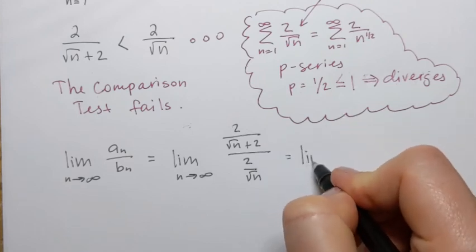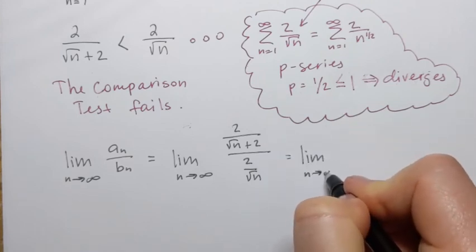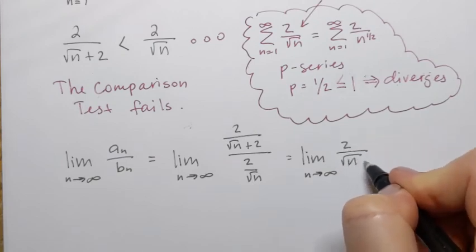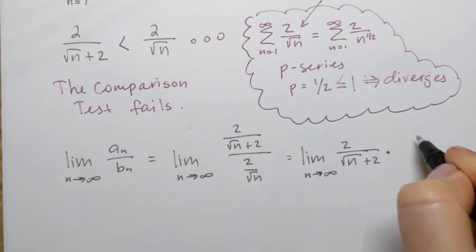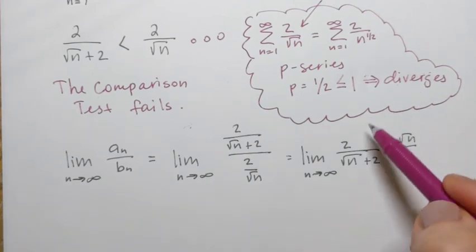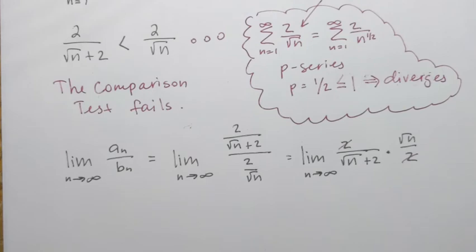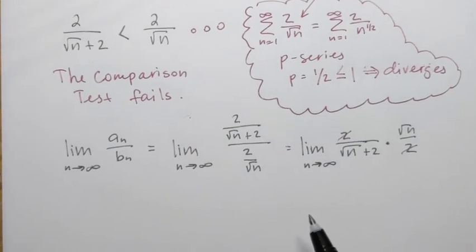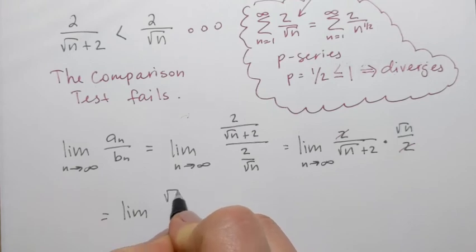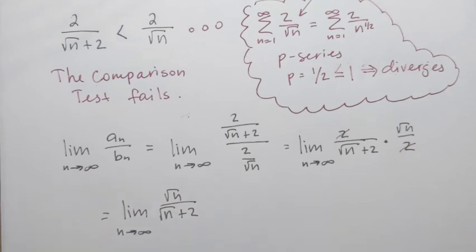To simplify it, I have to take the numerator fraction and multiply it by the reciprocal of the denominator fraction, times square root of n over 2. As we can see, the 2's will divide out, and we get the limit of square root of n over square root of n plus 2 as n approaches infinity.